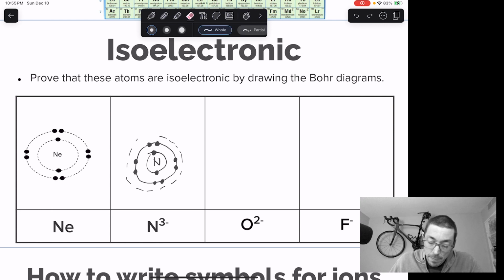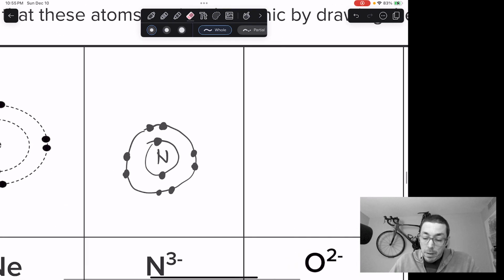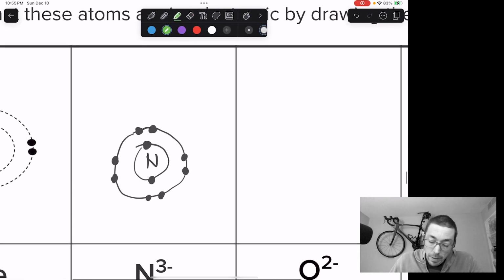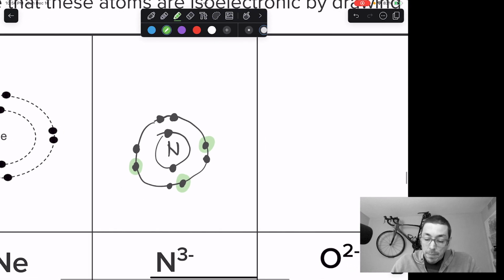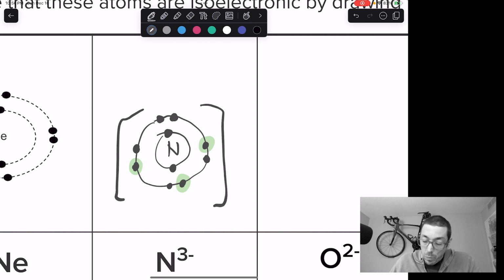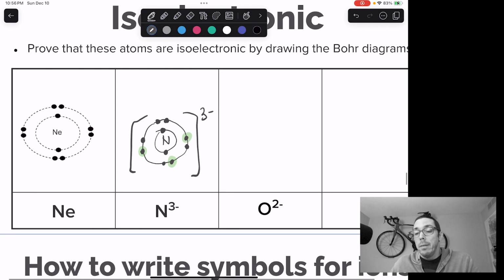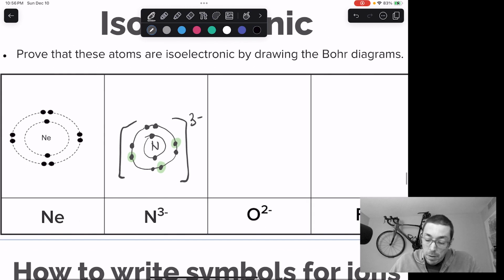It had 5 valence electrons in this second ring here, but it collected 3 more from somewhere, which brought it up to 10 electrons. And so nitrogen with a 3- charge now has the same number of electrons as neon, right? 10 and 10.